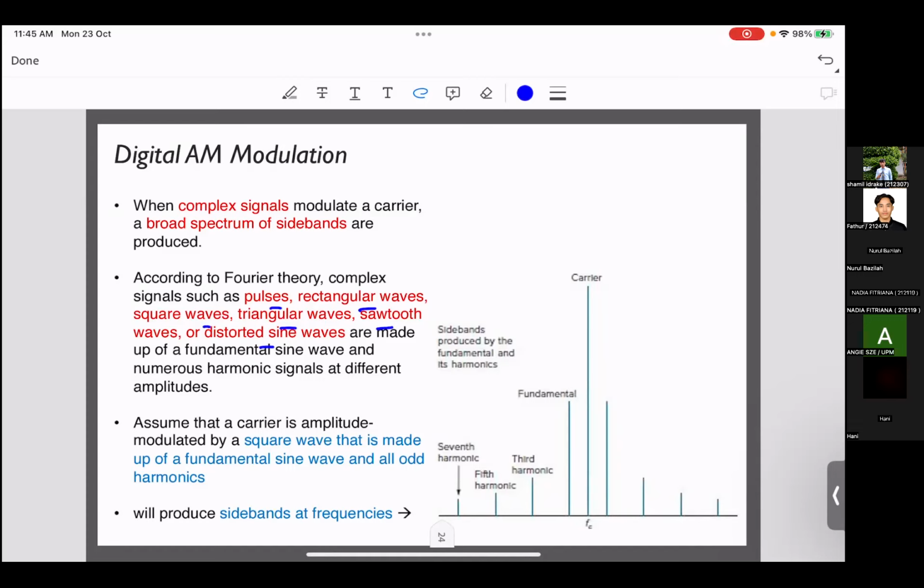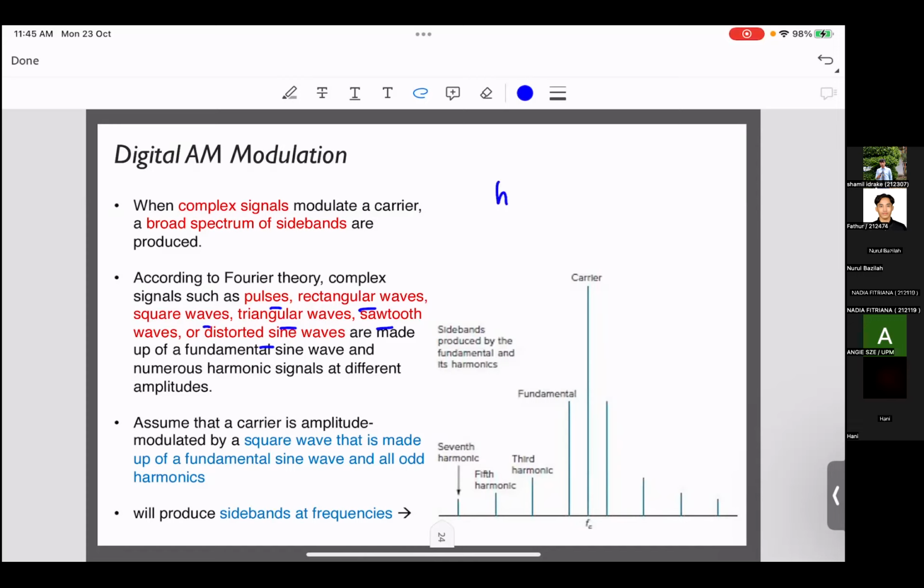So even though they look really complex, they are essentially made up of a sine wave plus harmonic signals. A harmonic is a multiple of the sine frequency itself.